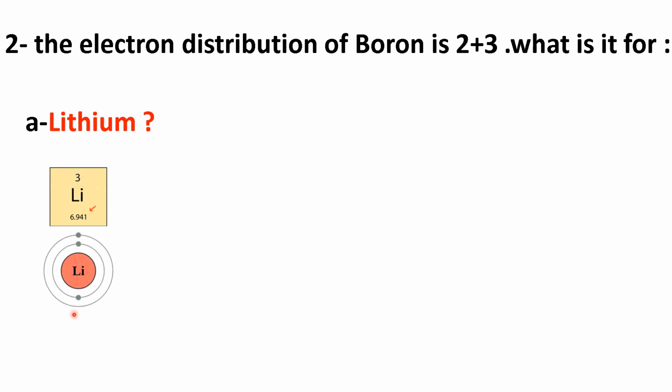In the first shell, according to the rule, we fill 2 electrons. So the remaining is 1 electron in the outer shell. We write it 2 plus 1, where 2 is the electrons in the first shell and 1 the electron in the outer shell, and this 1 electron is called the valency electron.